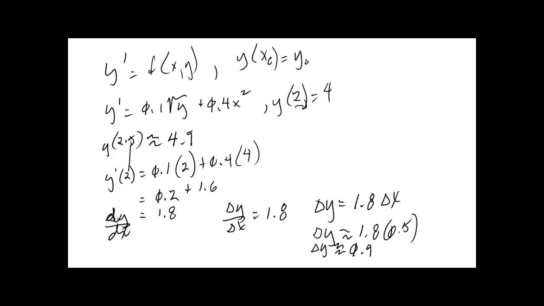And it's not going to be a bad approximation. It probably won't be exact, but it's probably going to be the best you can do in a given situation. Now, if you really wanted to creep along, you could have had your delta x be 0.001, and then do enough steps, every time coming back and feeding in again, loop after loop after loop, stepping up to 2.001, 2.002, 2.003, all the way up to 2.5.